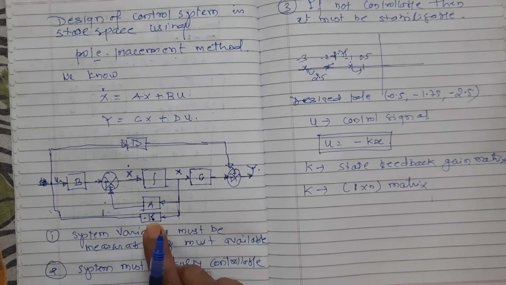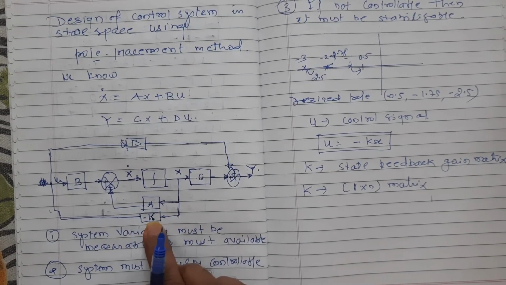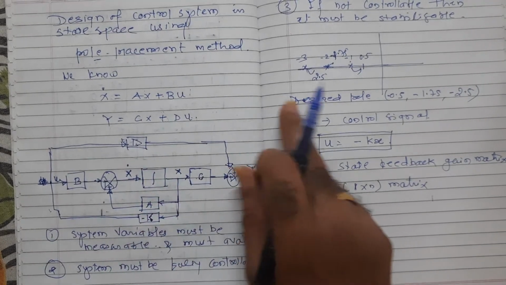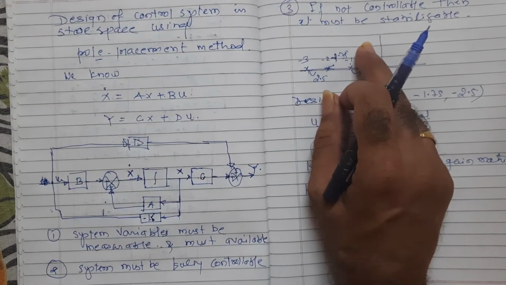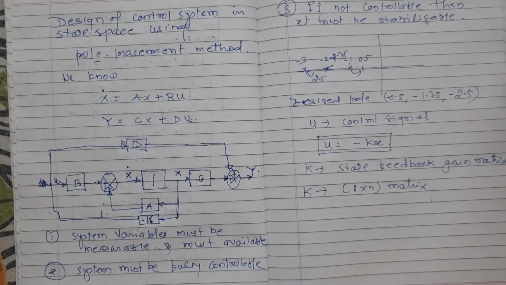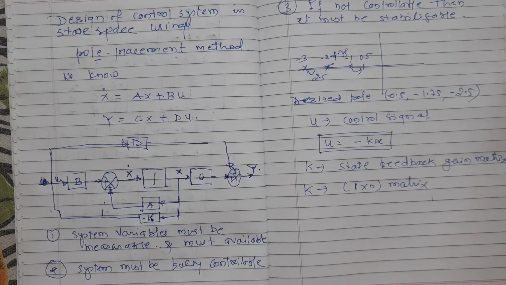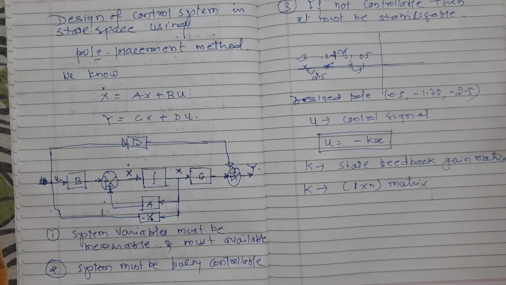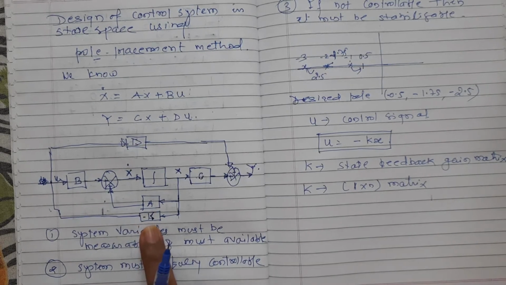Now I will choose the values of k in such a way that I will have my desired pole location. Desired means I want something to be changed. My pole location has to be changed from one place to another. That desired location I can achieve by using the variable k.